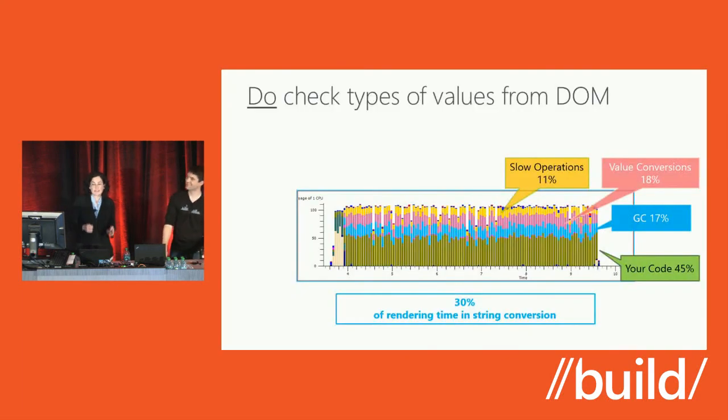So definitely check the values from the DOM. That one little line of code in our application actually made for 30% of our time in that frame being computed being devoted to the rendering time of the string conversion and getting the value out of the DOM. So definitely cache and cast.